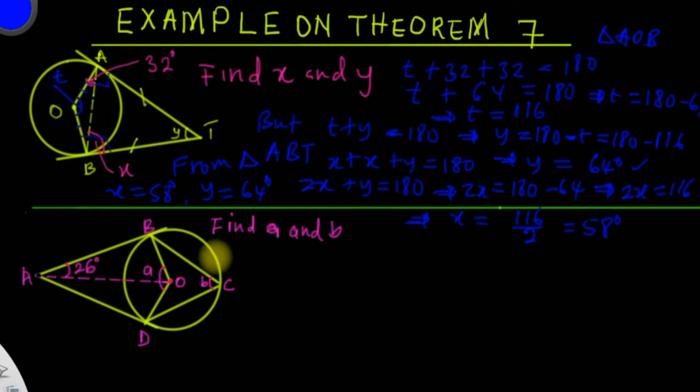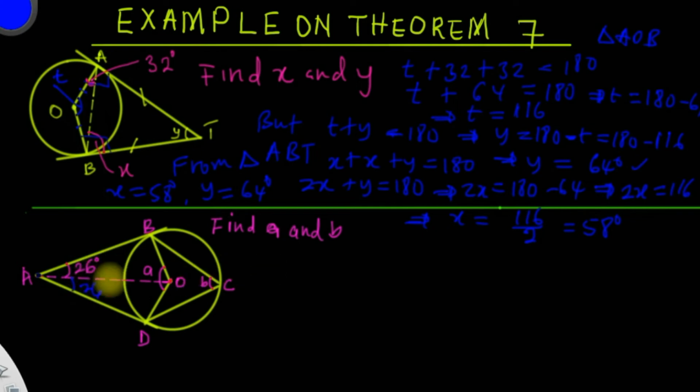And it also divides the angle between the two radii into two equal parts. So if this is 26 degrees, then surely this angle must also be 26 degrees.